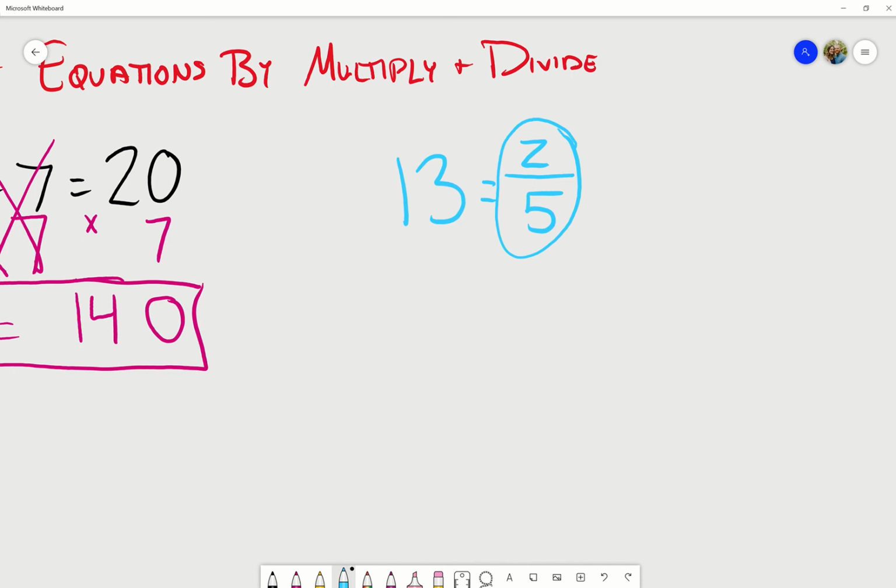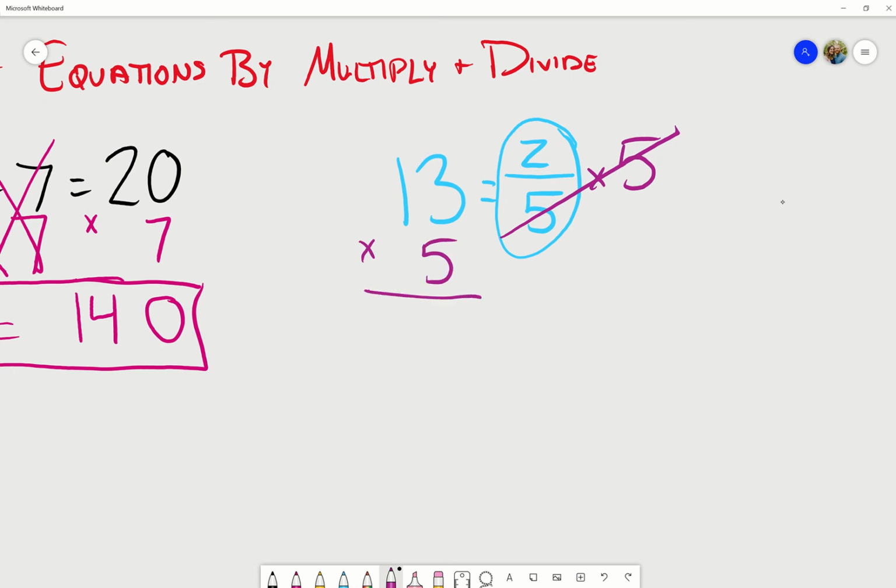And we know if it's z divided by 5, what's the opposite of division? Well, that's multiplication. So we need to multiply by 5, and our 5s will cancel out. If we multiply by 5 on this side, we are also going to multiply by 5 on this side.